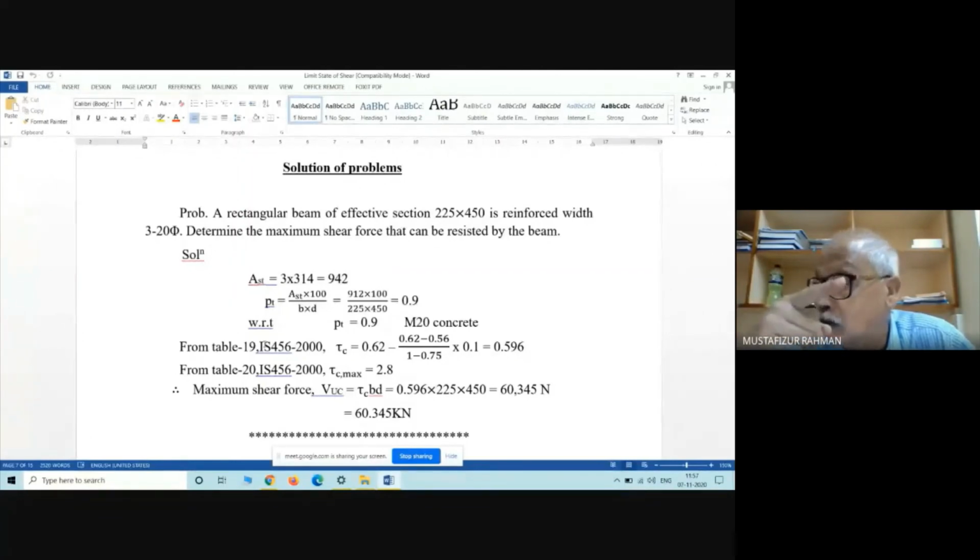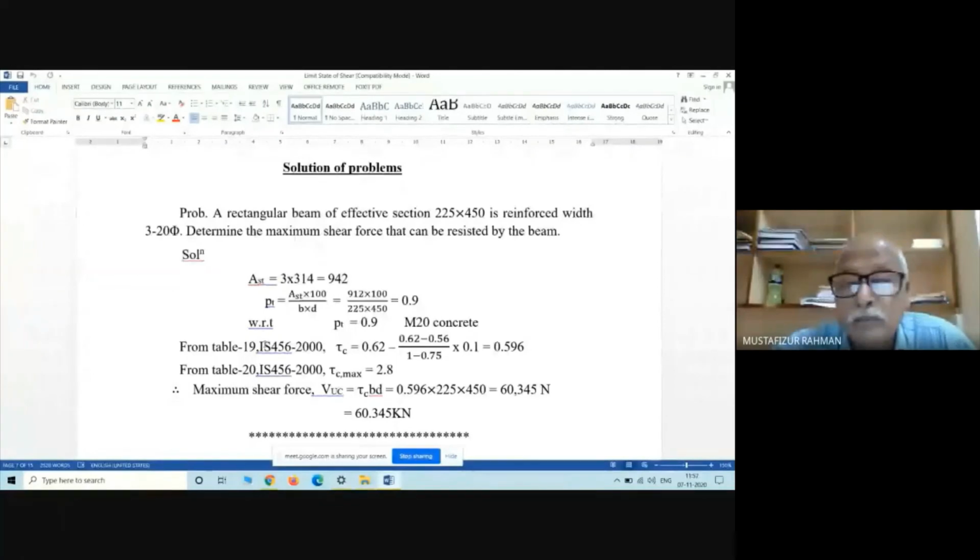So we get Ast: for a diameter of 20, the cross-sectional area is 314 square millimeters. So pt is equal to Ast by bd into 100, which is 0.9. Then from the table for M20 concrete, by interpolation we get 0.596.